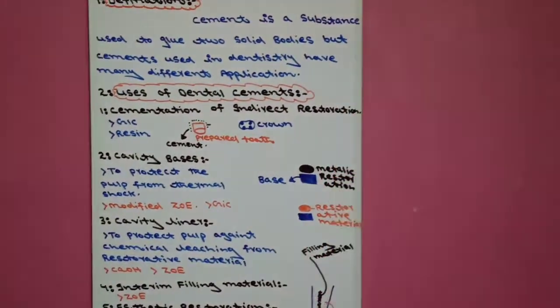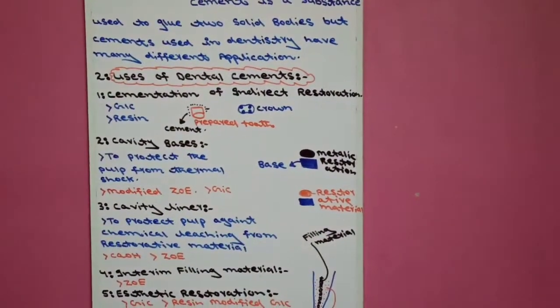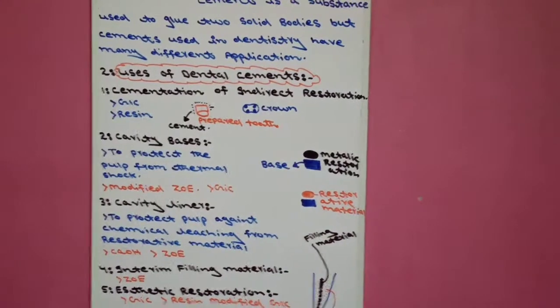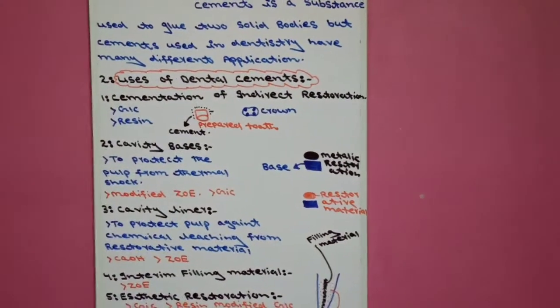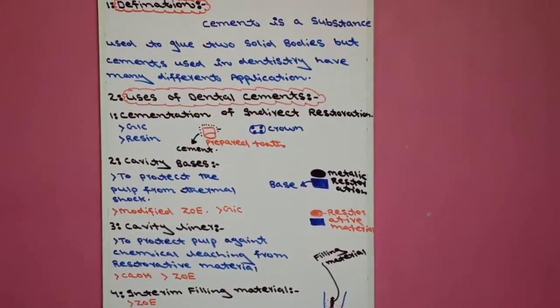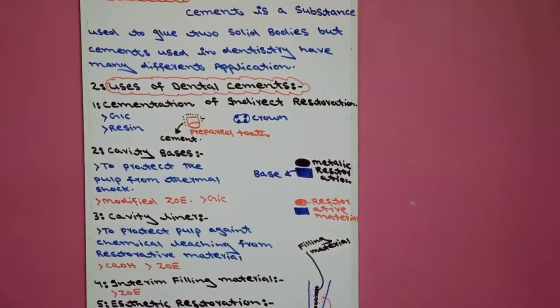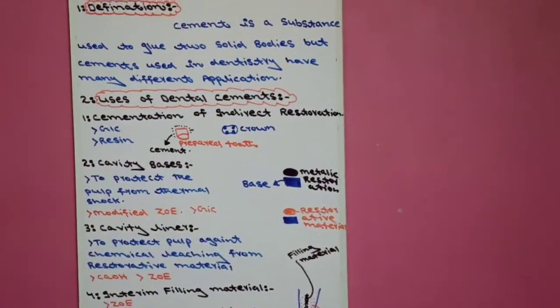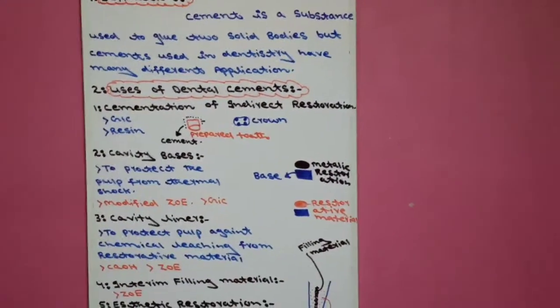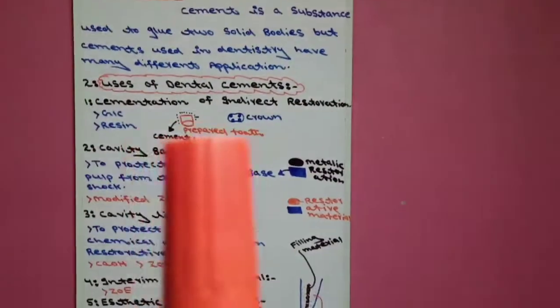This is restoration. Restoration means to restore the lost natural structure of the tooth by filling material, by crown, by bridge, or by any other source, to restore the tooth function and aesthetics. Now come to indirect restoration.